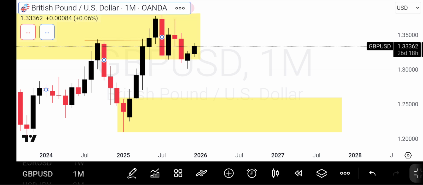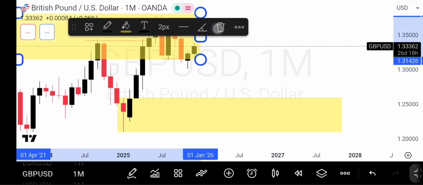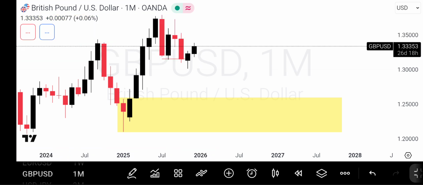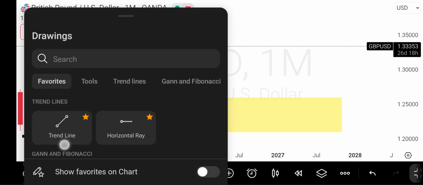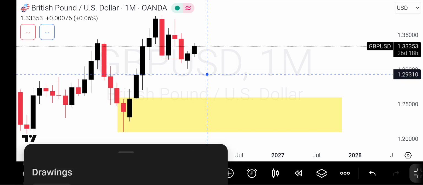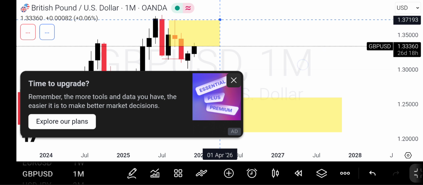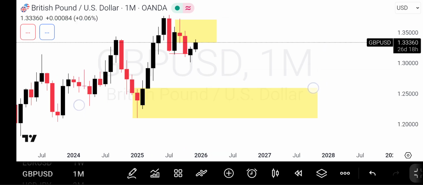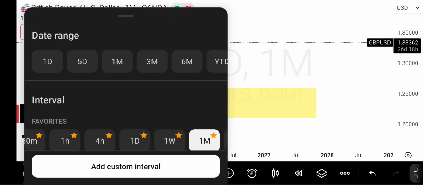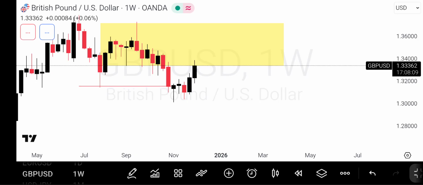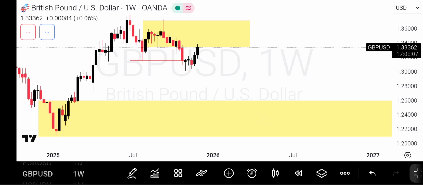I can decide to delete these ones so that my chart will not be messy. Having known this, I can also mark the supply zone above that break of structure, which is this zone here. As you can see, my monthly is bearish, and my weekly time frame is also bearish.